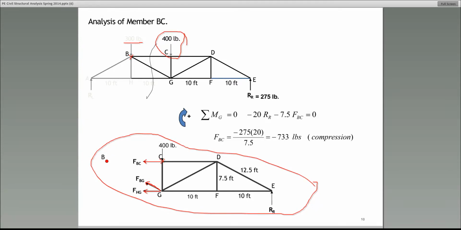What do we do next? Well, remember, we want to find the force in member BC. So this is the unknown. What do we need to do? Who can tell me what's the easiest way to find the force in member BC?